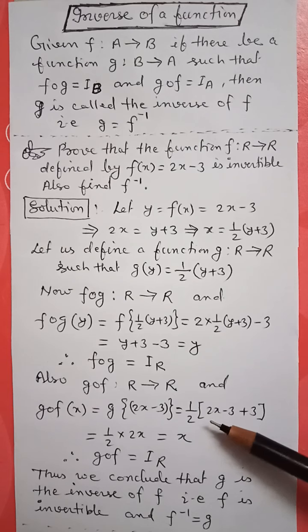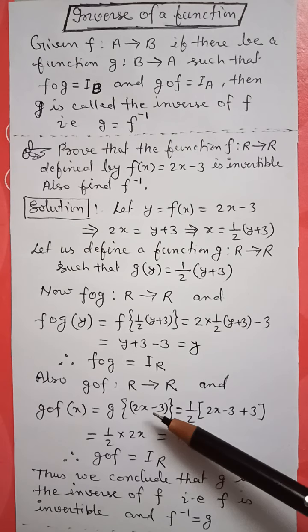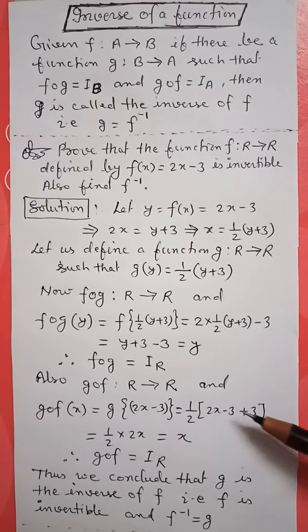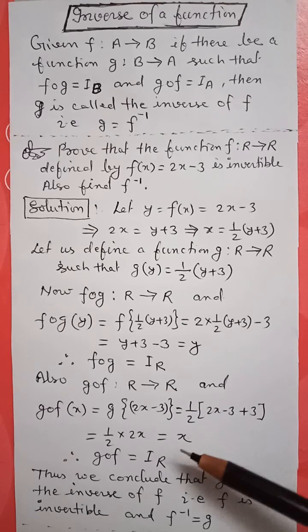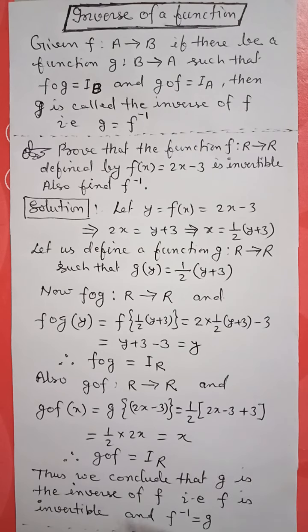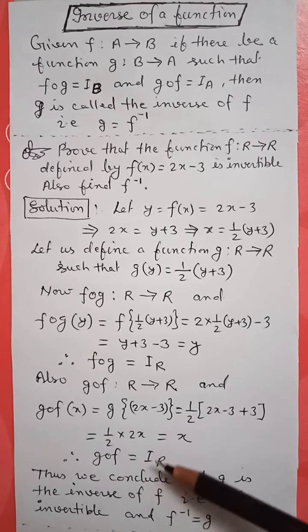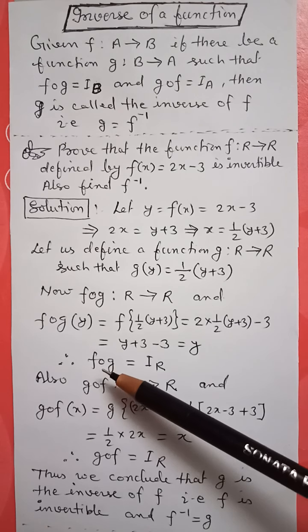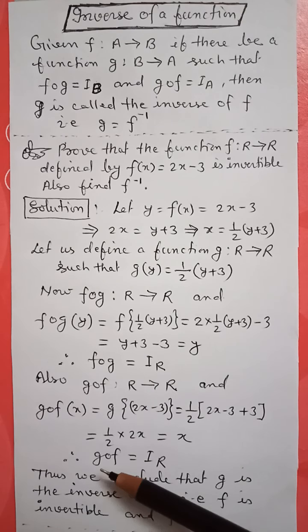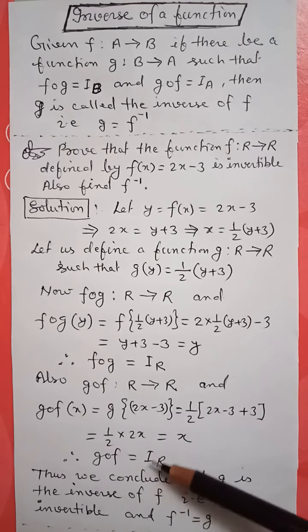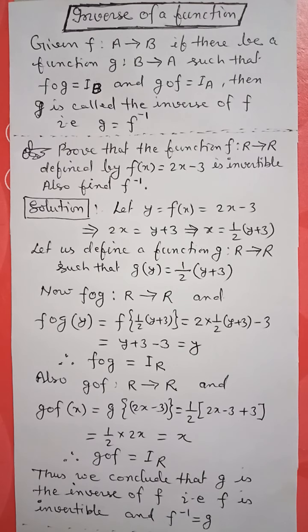Therefore this is half of 2x minus 3 plus 3. 3 gets cancelled, and this is equal to x. Clearly g of f is also an identity function on R, and therefore f on g is equal to g on f is equal to identity function on R.